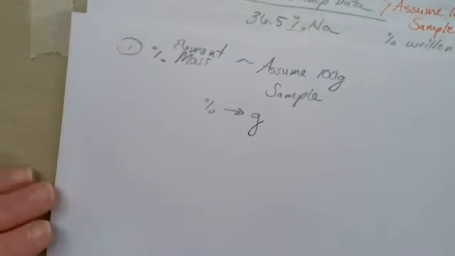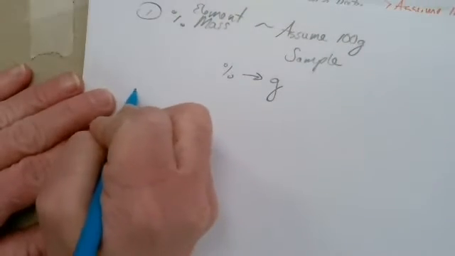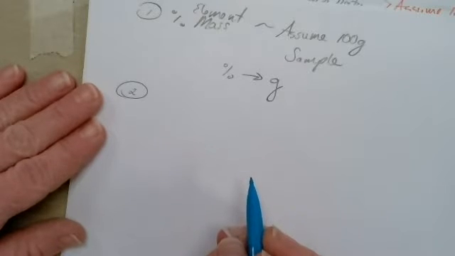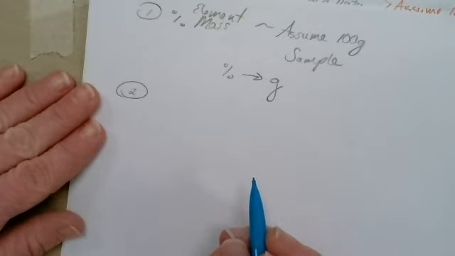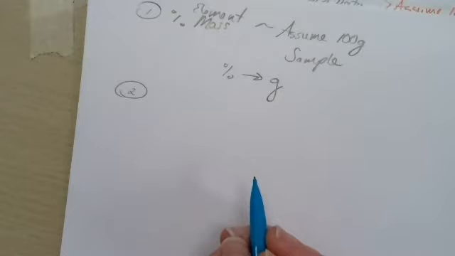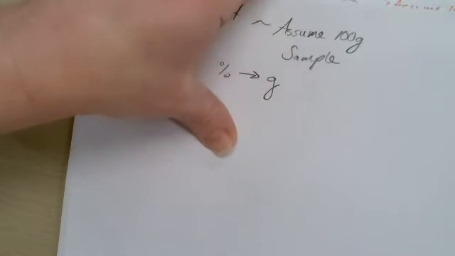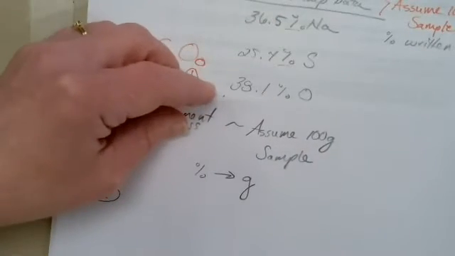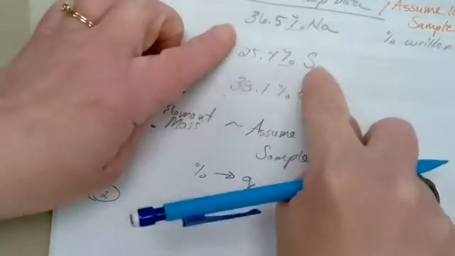Yes, ma'am? Will it ever not be a 100 gram sample? You can choose whatever mass you want. So if you have a favorite number, you can say, okay, I'm going to pretend that I have 55.5 grams. Well, then to get the mass of each element, we have to calculate.